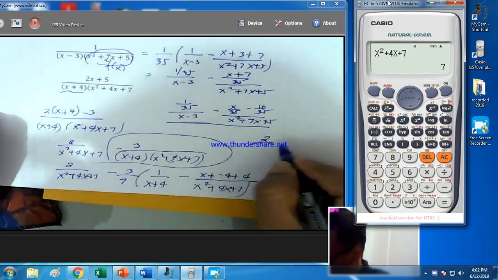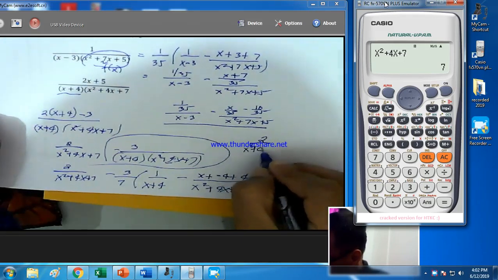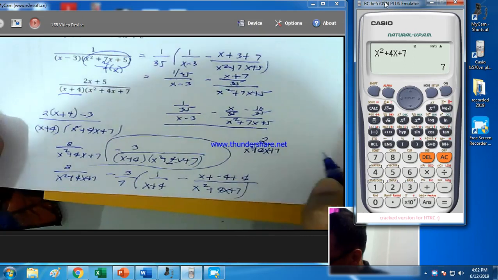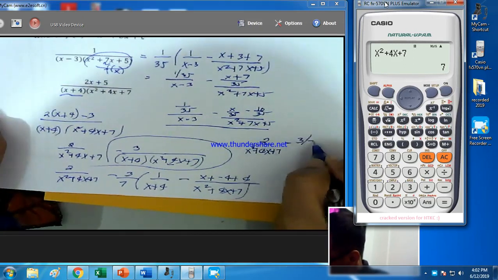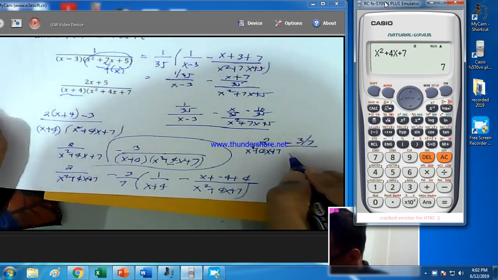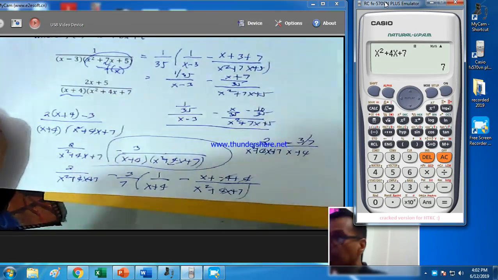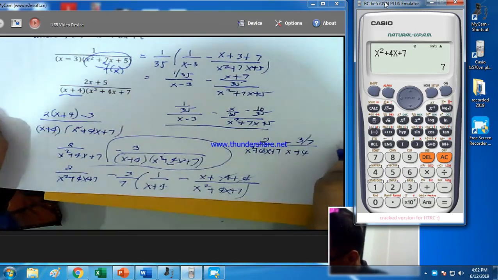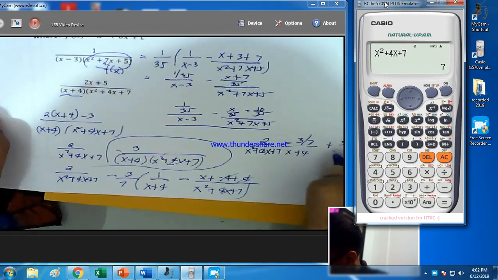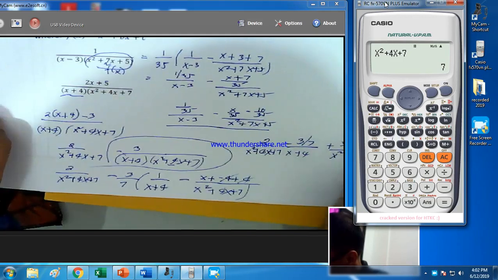This is 2 over x squared plus 4x plus 7, minus 3 over 7 over x plus 4, and then this will cancel out. Now this will be negative negative, plus 3 over 7x over x squared plus 4x plus 7.